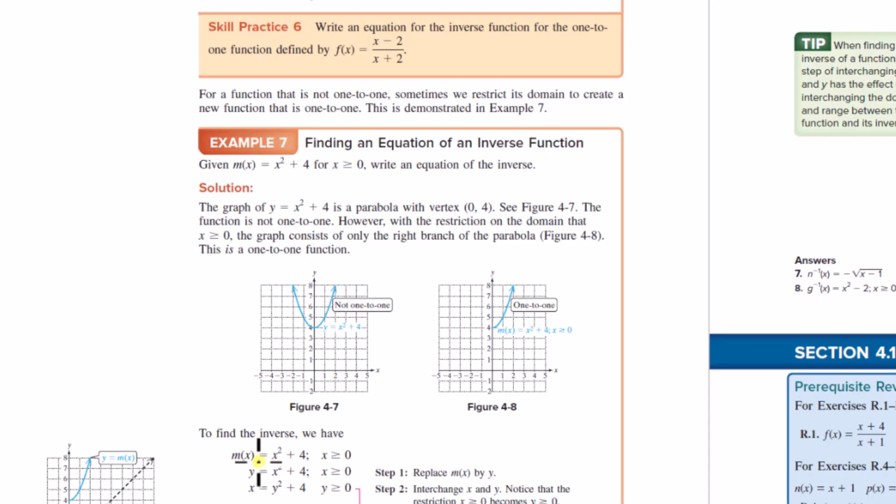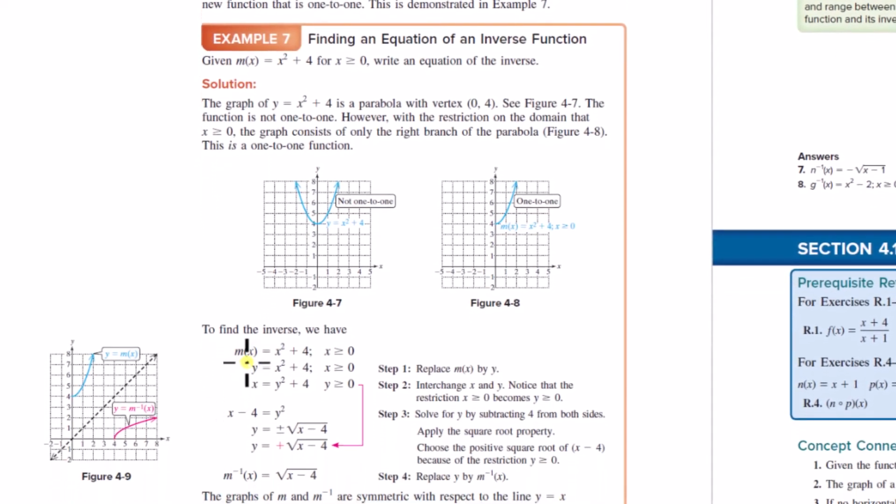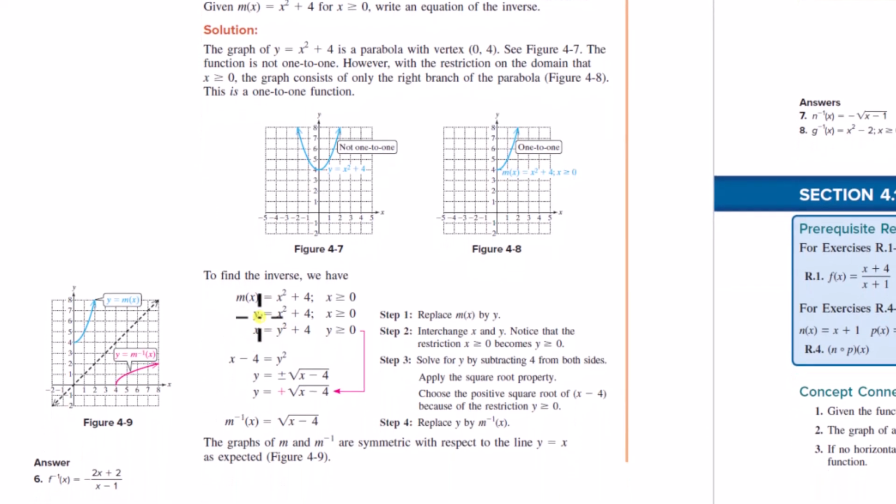And so what happens, well, if you go through the whole algebraic process, replacing m of x with y, flipping the variables, etc., normally you would get plus or minus and the something, and that's where the one-to-one issue comes in.